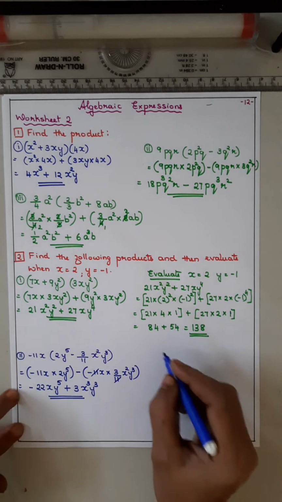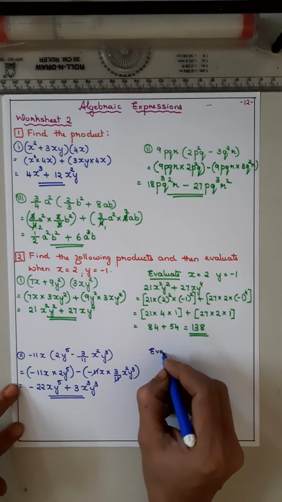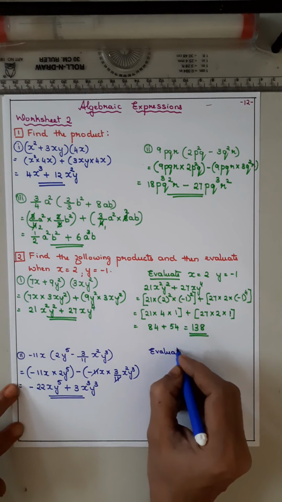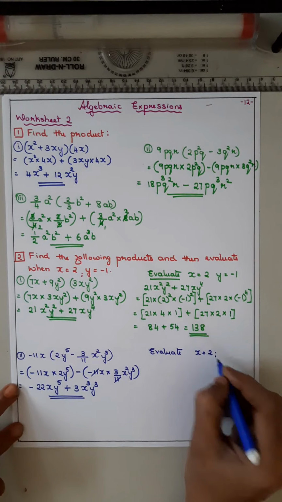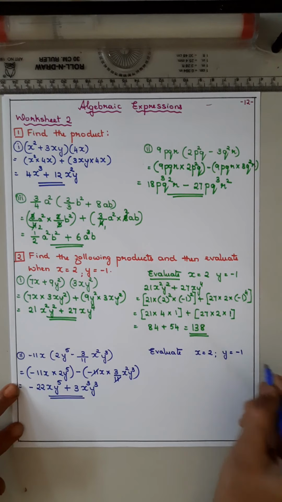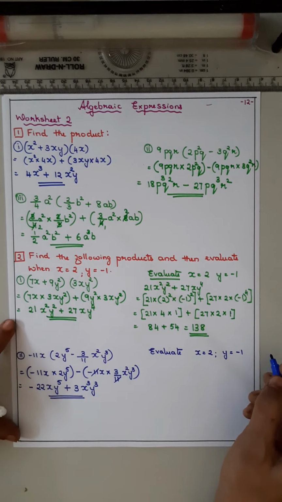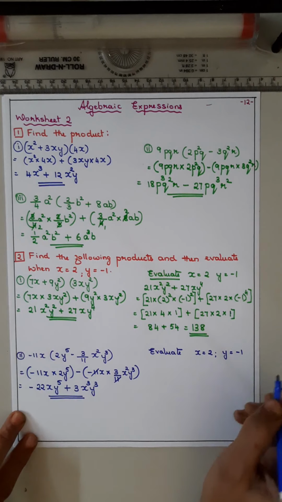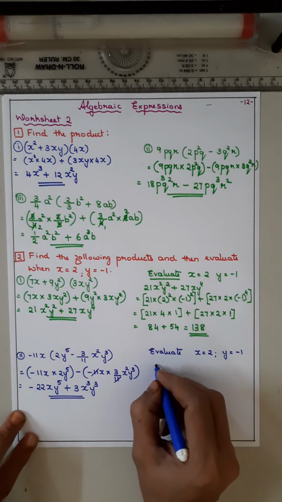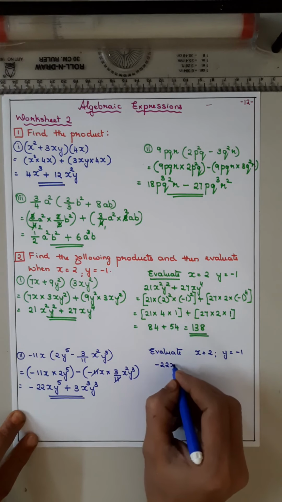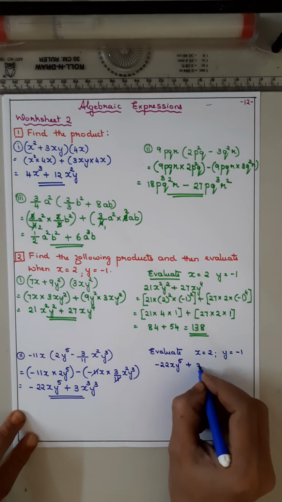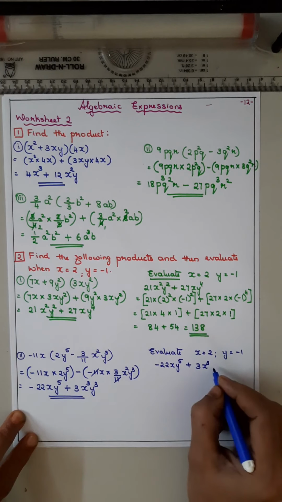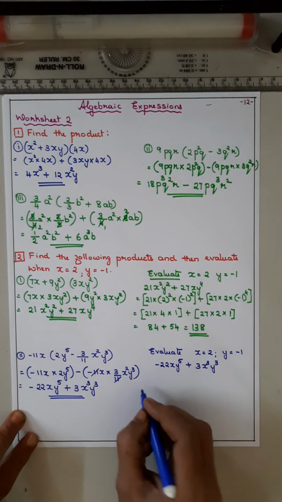Okay, now coming to evaluate with x is equal to 2, y is equal to -1. Okay, right? What is the answer you got? Minus 22xy to the power 5 plus 3x cube y cube.